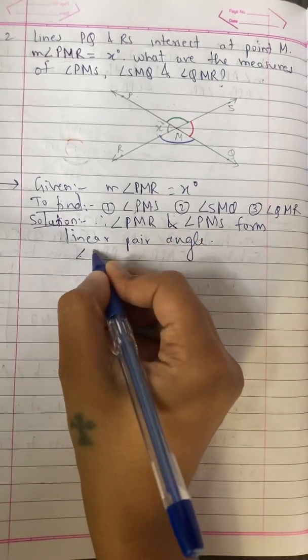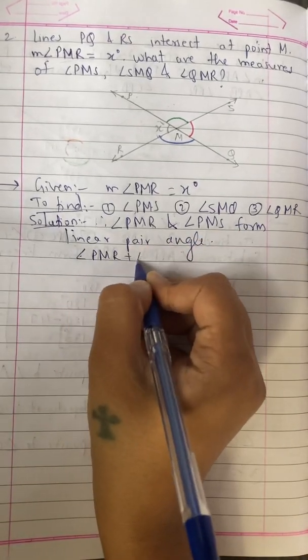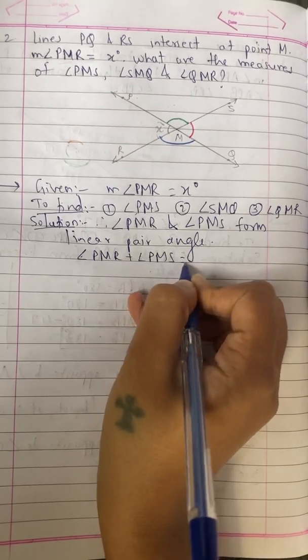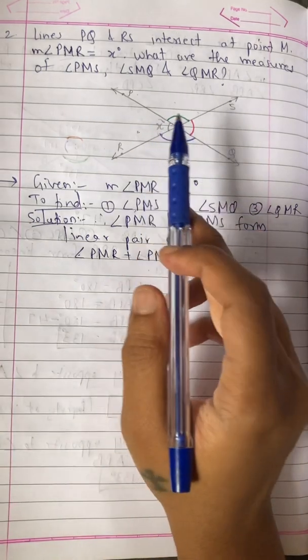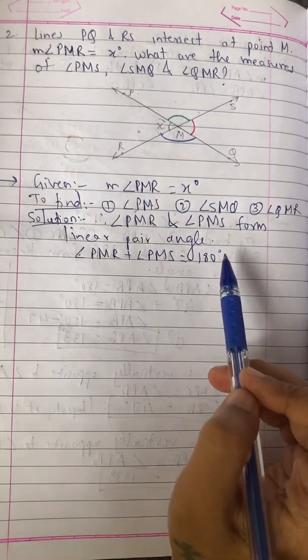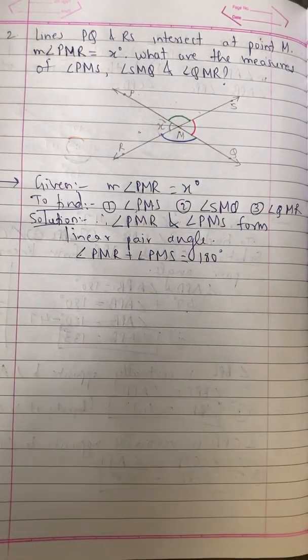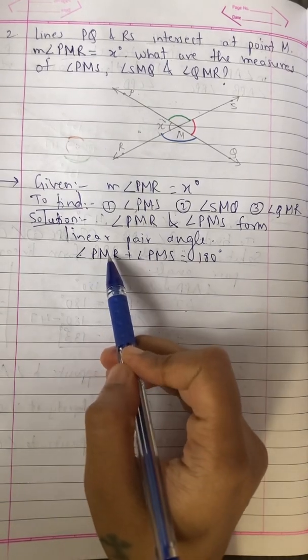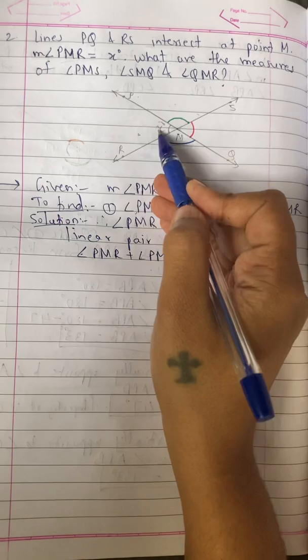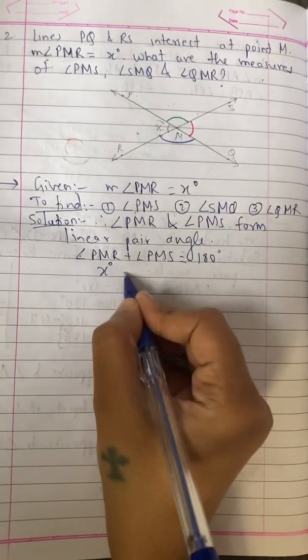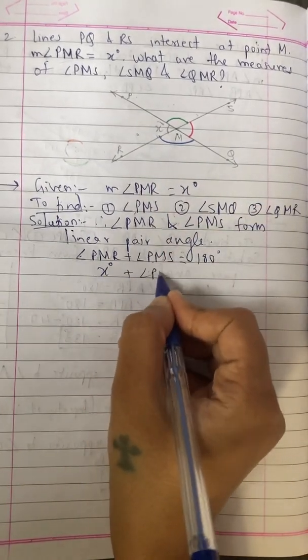Angle PMR plus angle PMS is definitely going to be equal to 180 degree because linear pair angles are 180 degree. Supplementary. Alright. So now substitute the values. What is PMR? PMR in the question it is given as x degree. Diagram में भी दिया है. So put it x degree and PMS we don't know. We have to find out.